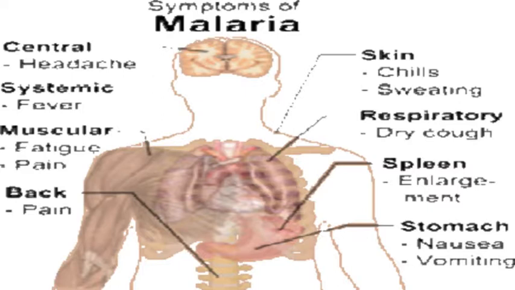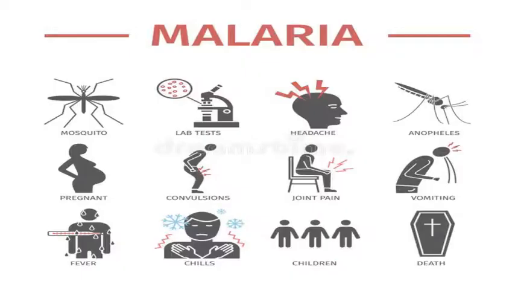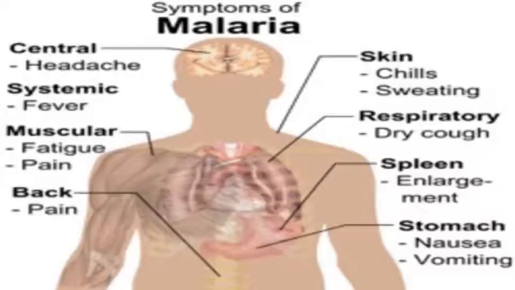Renal failure is a feature of blackwater fever, where hemoglobin from lysed red blood cells leaks into the urine. Infection with P. falciparum may result in cerebral malaria, a form of severe malaria that involves encephalopathy.